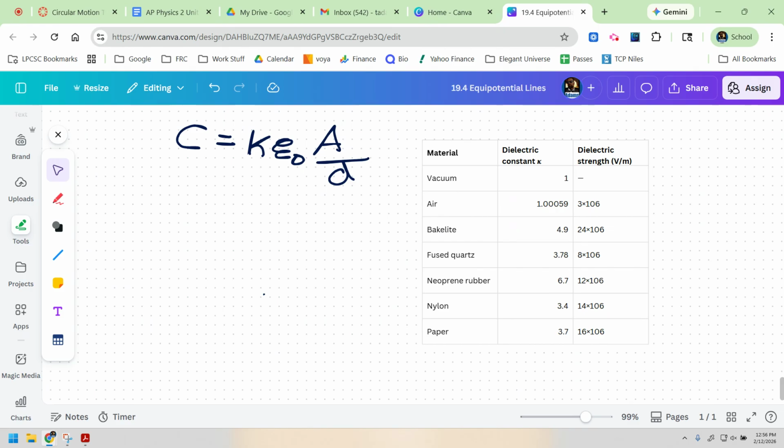On the dielectric strength, it's the maximum field. These fields are basically where the material breaks down and conducts, right?